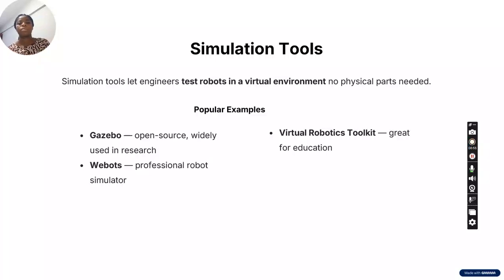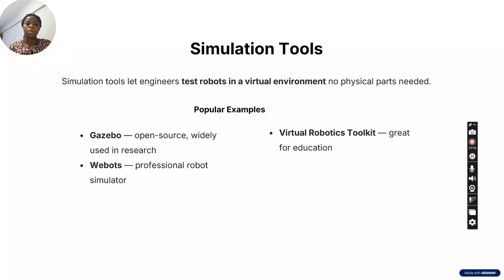Now let's move to the simulation tools. Simulation tools let engineers test robots in a virtual environment. Popular examples are Gazebo, Webots, and the Virtual Robotics Toolkit.